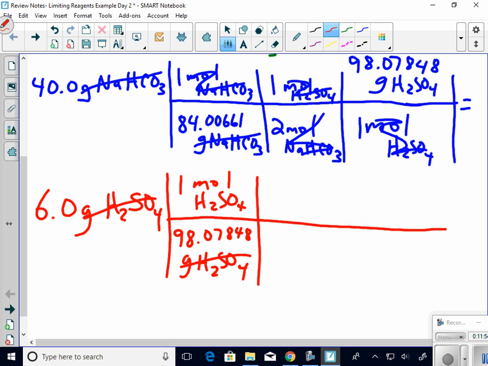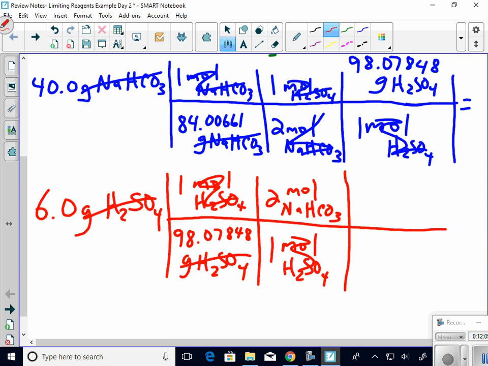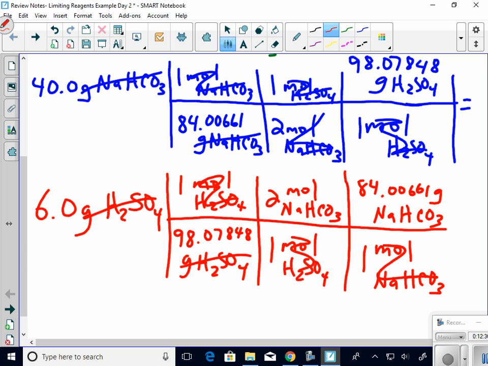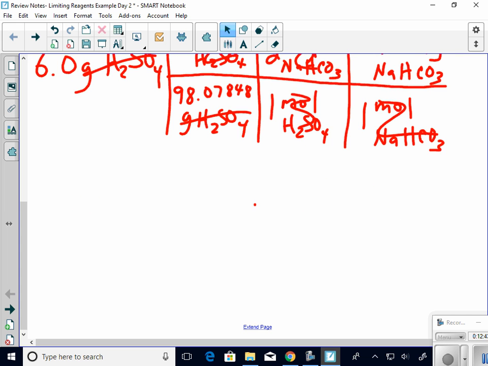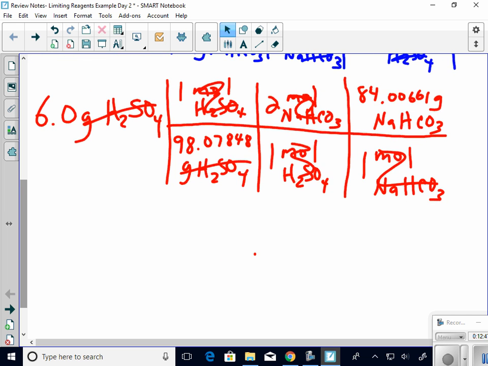Now I've converted that to moles, my molar ratio. Now I've converted that into moles of sodium bicarbonate. As I'm doing this, I do my math.